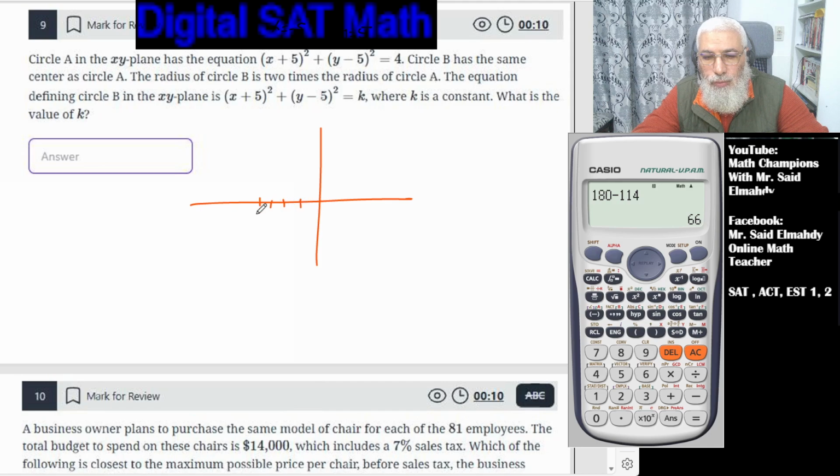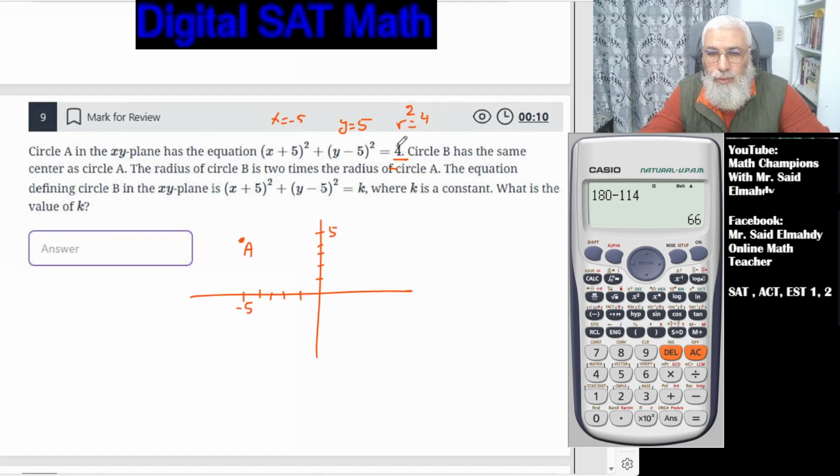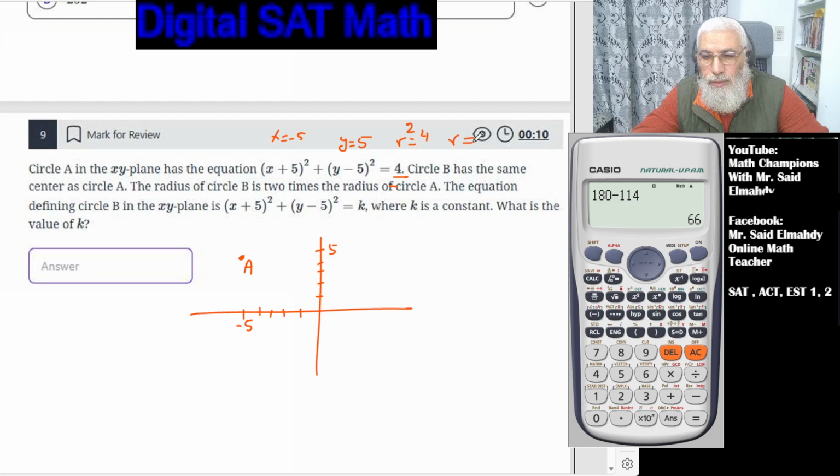The radius squared is 4, so the radius is the square root of 4, which is 2. So the circle is like this. This is circle A.